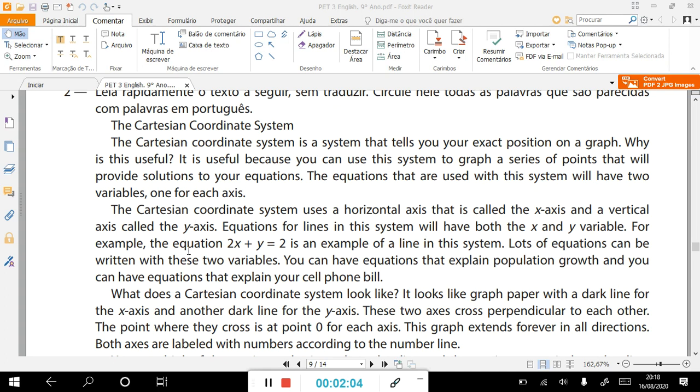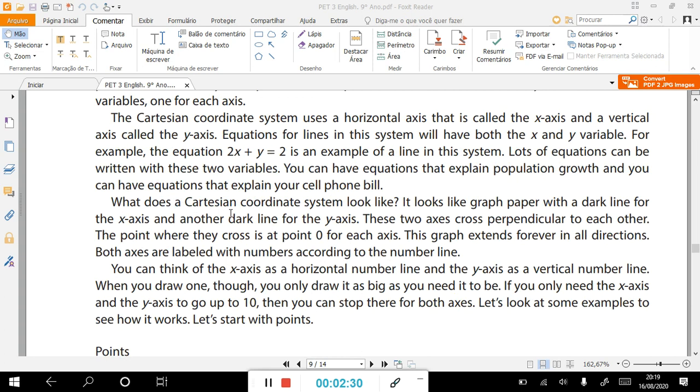For example, the equation 2x + y = 2 is an example of a line in the system. Lots of equations can be written with these two variables. You can have equations that explain population growth, and you can have equations that explain your cell phone bill.